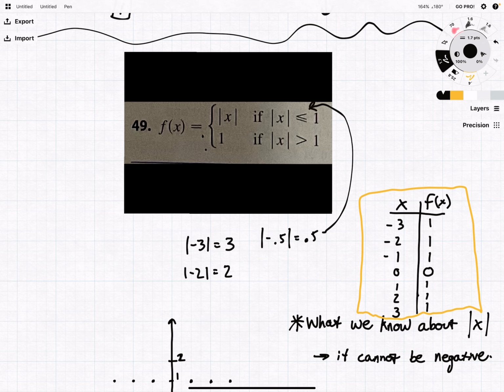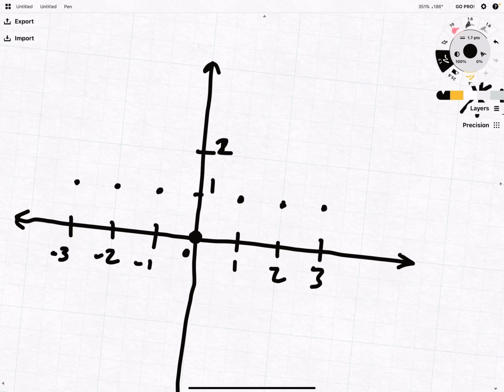So we go with our first rule, which is just absolute value of x, so it's going to be 0.5. As well, if we did absolute value of 0.5, we get the same answer. So for both x values, -0.5 and +0.5, we get 0.5 either way.